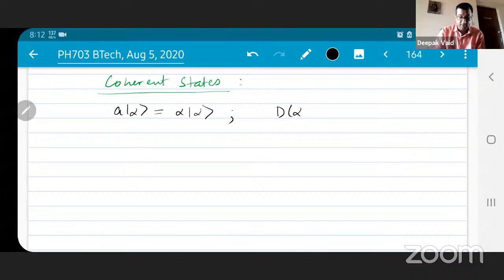Then we said that there exists an operator d alpha such that when d alpha acts on the ground state, I get the coherent state alpha. Then we showed that this alpha has certain properties. So d alpha complex conjugate. So it's a unitary operator.